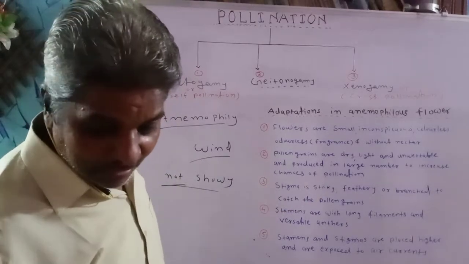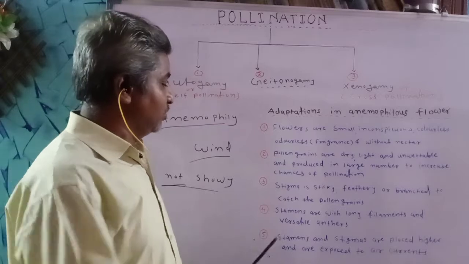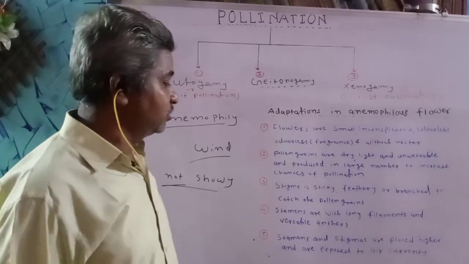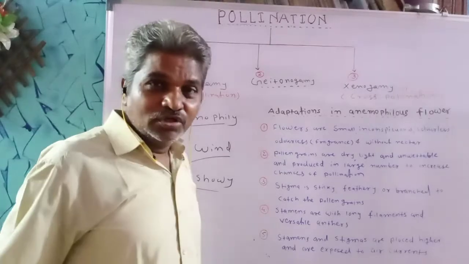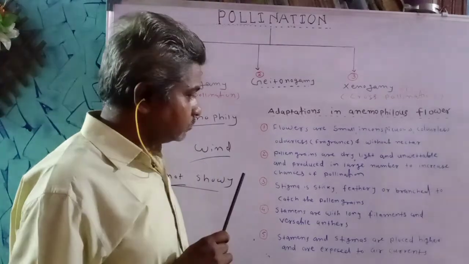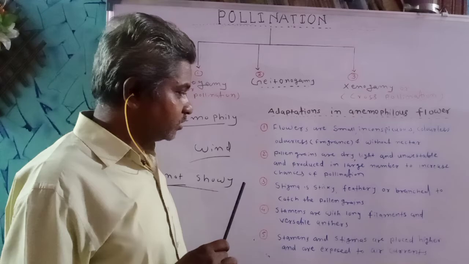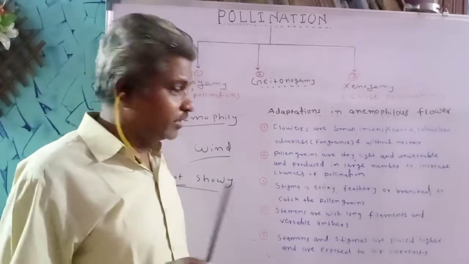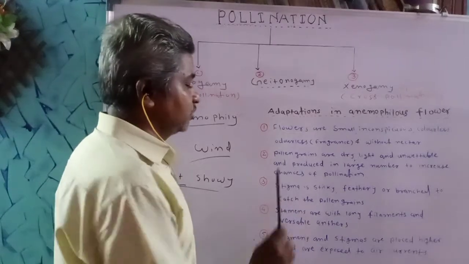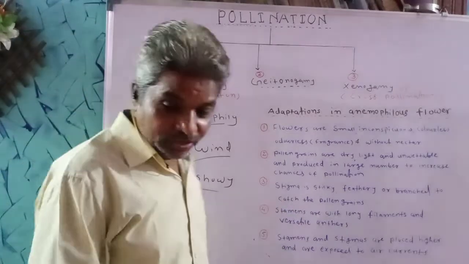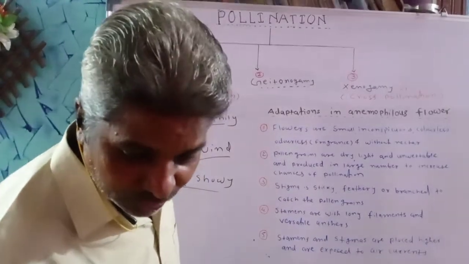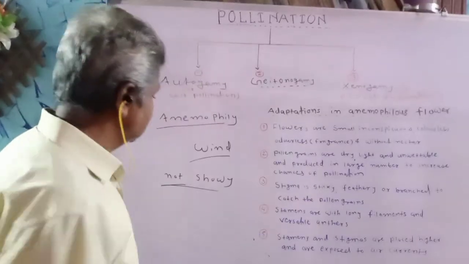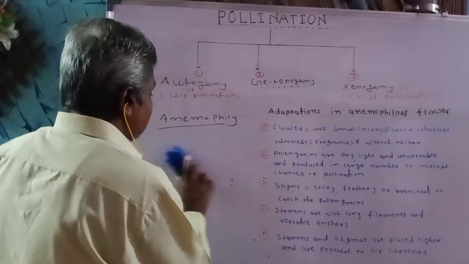Similarly, the anemophilous flower shows the next adaptation, that is, the stigma is sticky, that is, gum-like. The stigma is also feathery. Feathery means the stigma is feather-like.